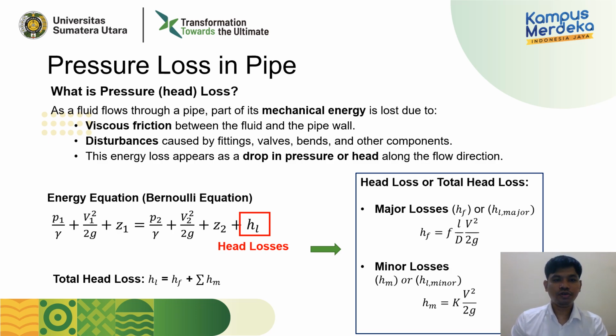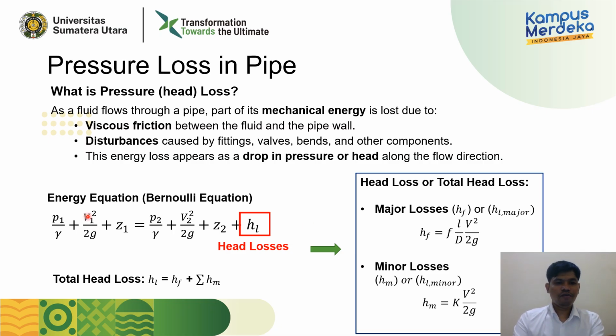As a fluid flows through a pipe, part of its mechanical energy is lost due to, first, viscous friction between the fluid and the pipe wall, and second, disturbances caused by fittings, valves, bends, and other components. This energy loss appears as a drop in pressure or head along the flow direction.